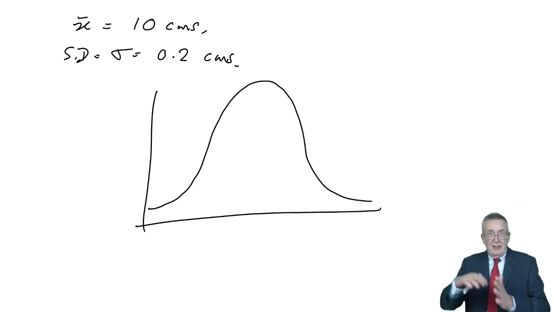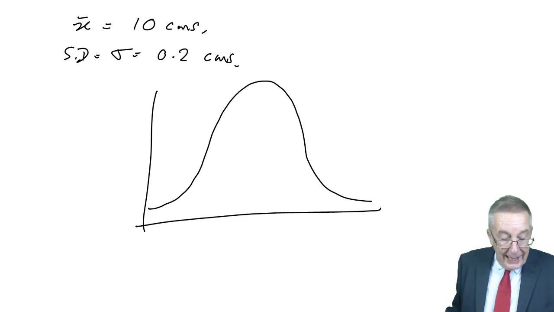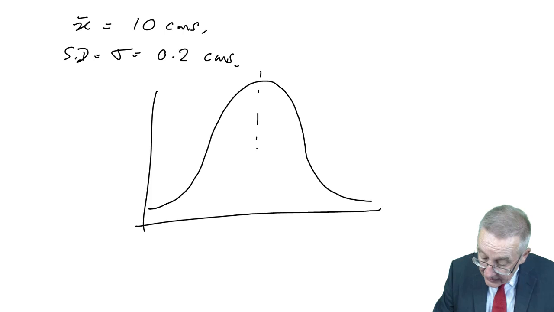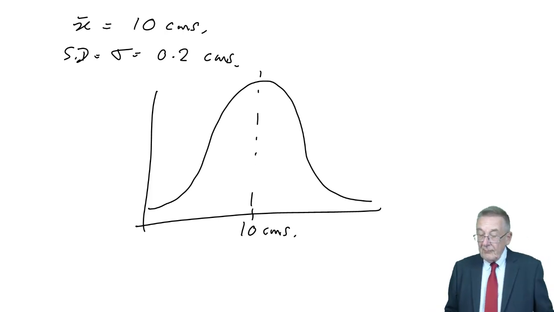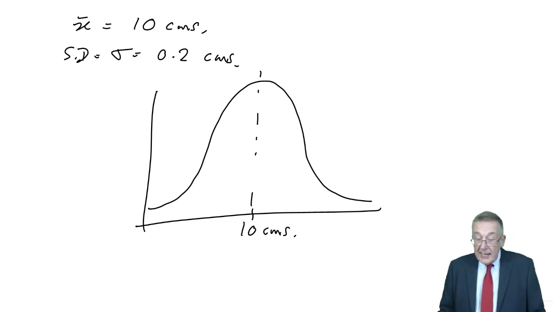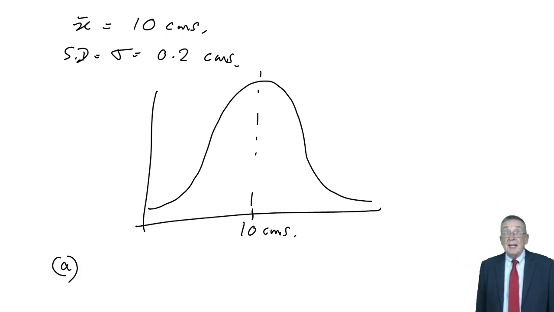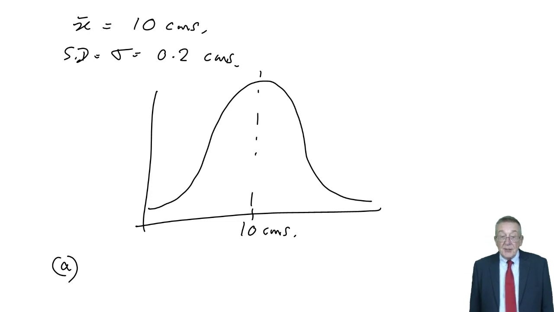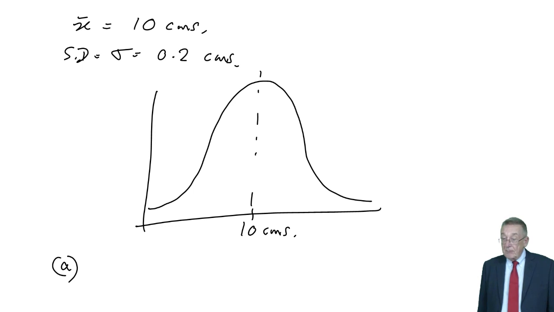It's a bit skew-whiff, but I have to explain what a normal distribution looks like. The average is 10. The mean is 10 centimetres. And for part A, if you understood me so far, you could write the answer straight down. It says, what proportion of the units will be longer than 10 centimetres?